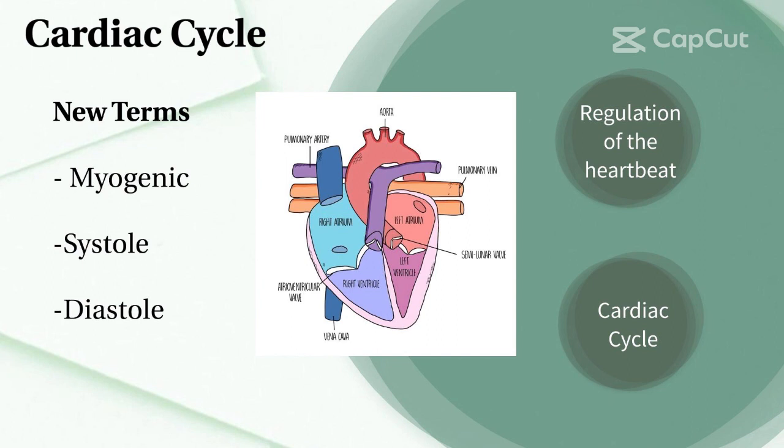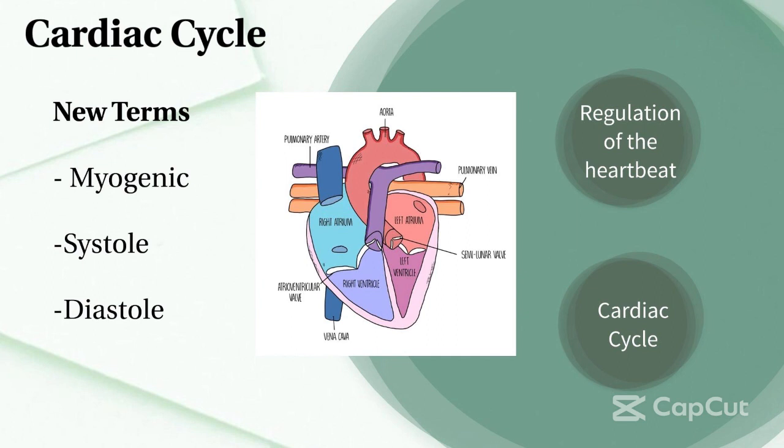And the word that we use to describe that characteristic is that it's myogenic. So the heart's ability to initiate its own contraction, independent of anything else, we refer to as it being myogenic. So today, for the first half of the lesson, we're going to describe how that contraction, how that force of the pump, is generated.